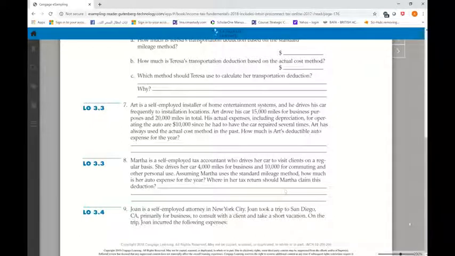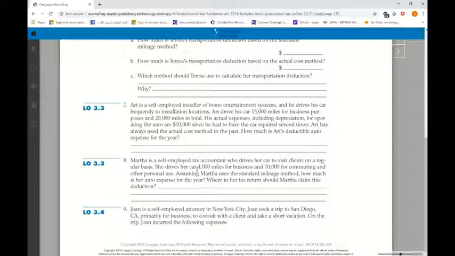Moving to problem number 8. Martha is a self-employed tax accountant, who drives her car to visit clients on a regular basis.